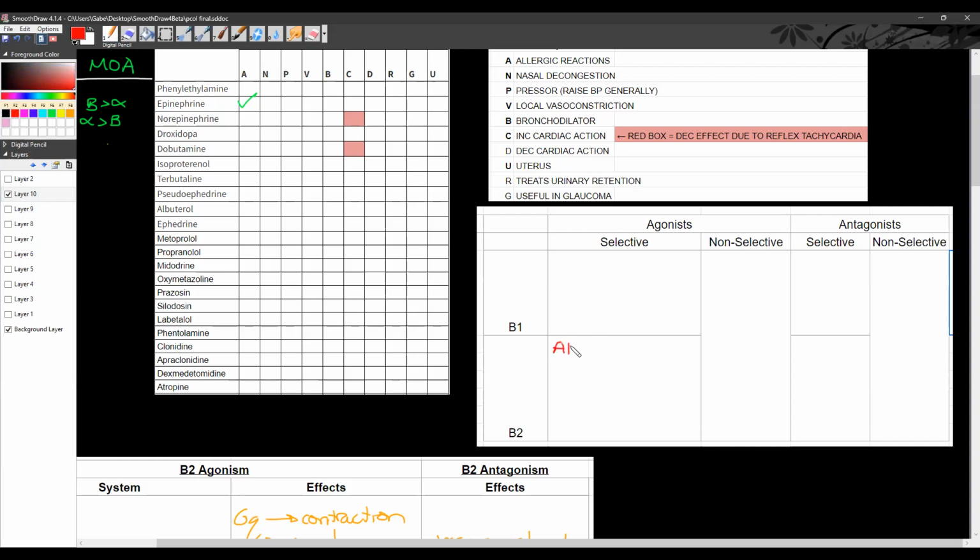Albuterol, very nice. Albuterol, we can have the levo version of it, levalbuterol. Salmeterol, yep. Vilanterol, formoterol. And then the only one that doesn't fit is terbutaline.